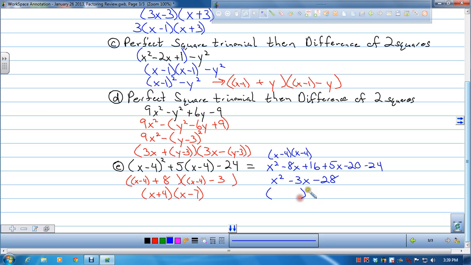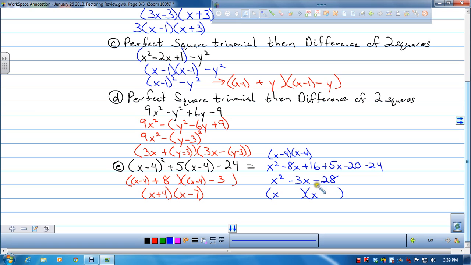Now that's a pretty simple trinomial I look at. Obviously I'm going to have an x and an x. I need to look for something that when I multiply it together, it will give me a negative 28, and when I add it, it'll give me a negative 3.